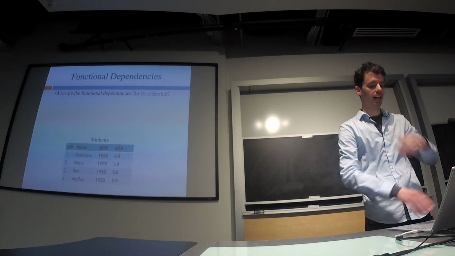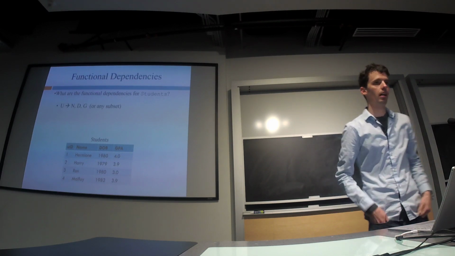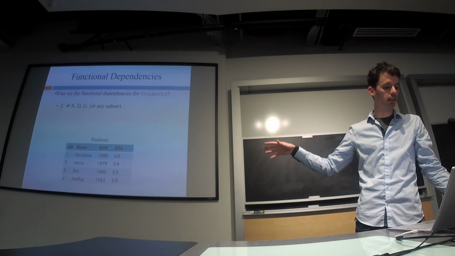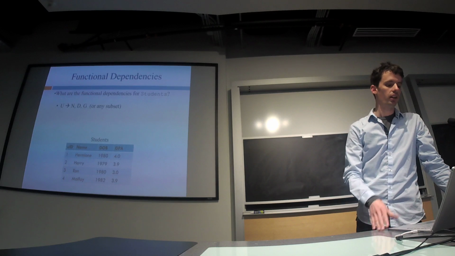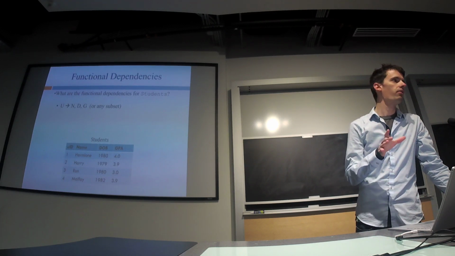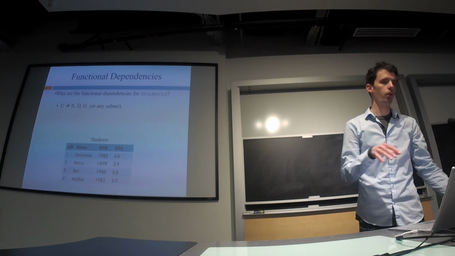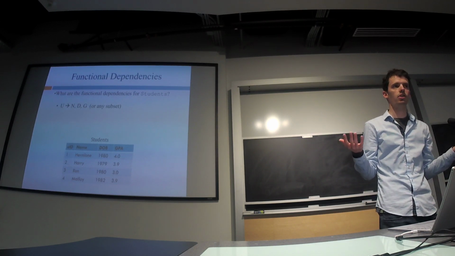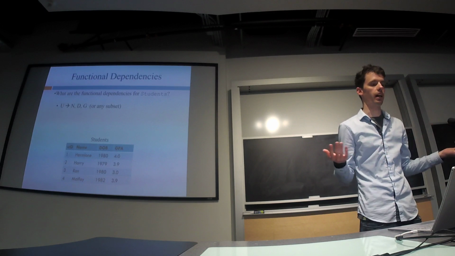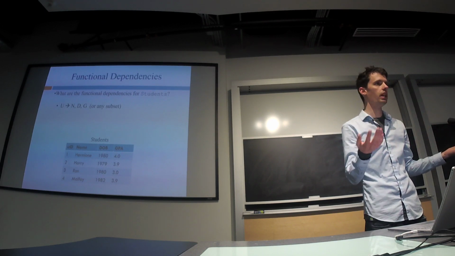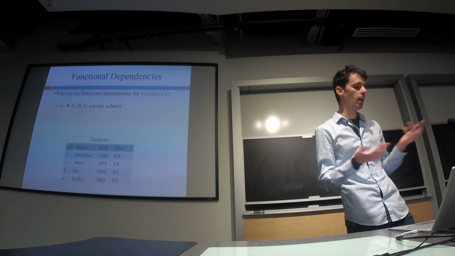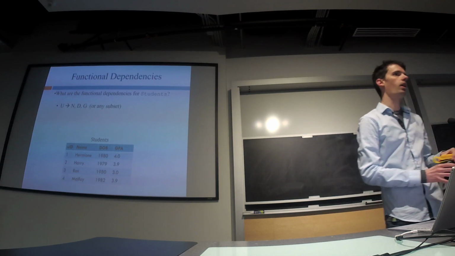UID to everything, yeah. So I'm abbreviating here now: U for UID, N for name, D for date of birth, G for GPA. So there's a functional dependency from UID to the full set N, D, and G, or any subset of that. So U to D, U to N and G, any combination of the other columns.